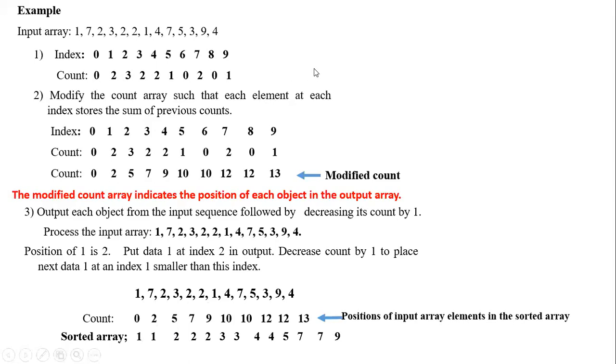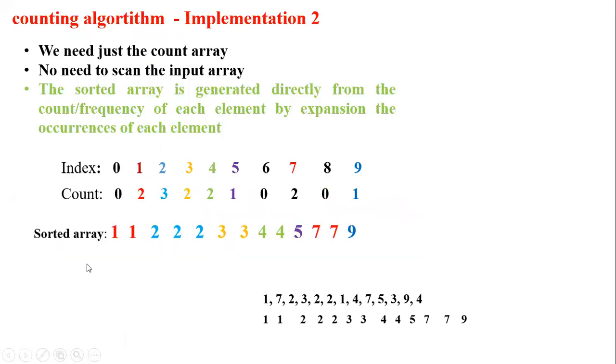The second disadvantage is that no negative elements are allowed in the input array. But it has one advantage, and we will see it: the complexity is less than in the other sorting techniques.